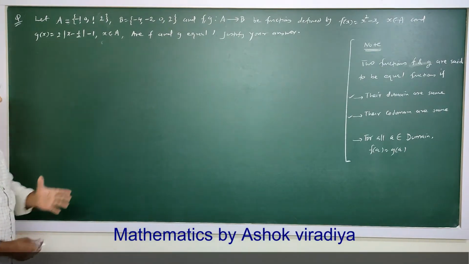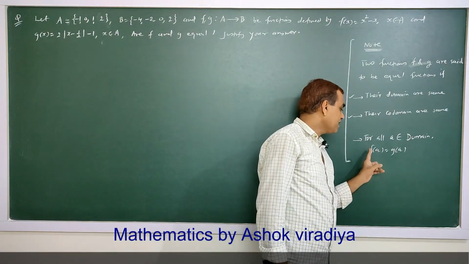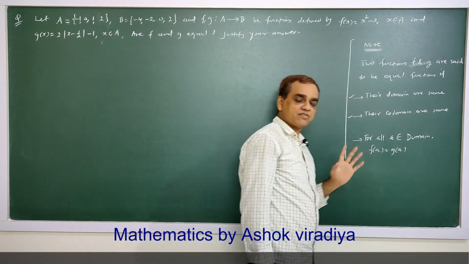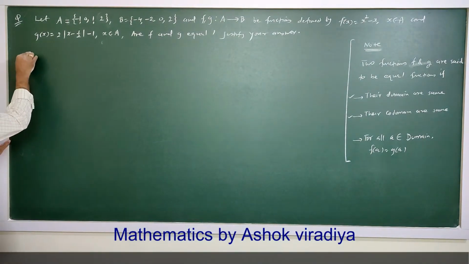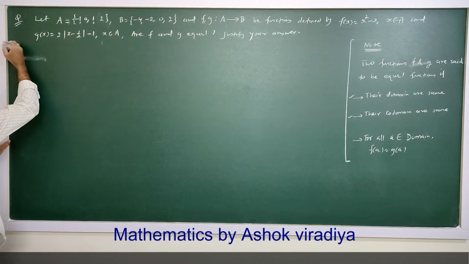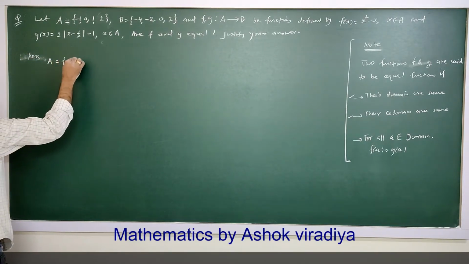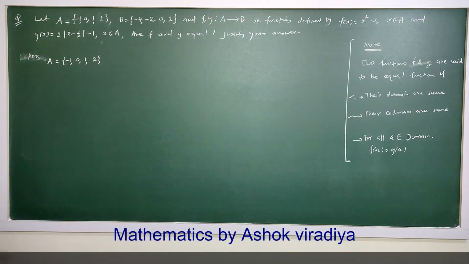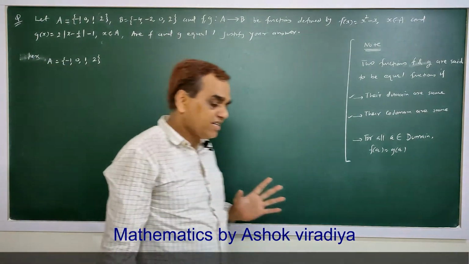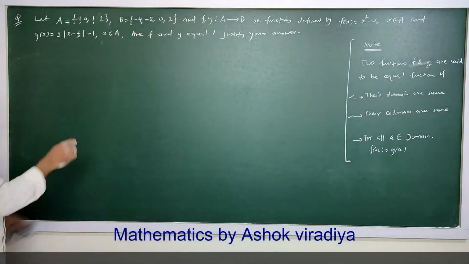To verify the third condition, first of all I am finding the images of elements by function f. See, set A is minus 1, 0, 1 and 2. This is the domain of f and g.